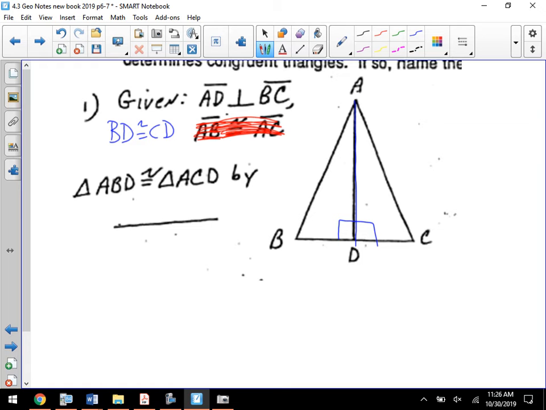What would we do? At this point, you've got 2 parts of both triangles that are marked. You have to figure out the third. What would be the third thing you have to do? Reflexive, yeah, the AD. Now, notice the difference between what you did last night and what we're doing right now: last night they gave you those 2 first pieces, you had to come up with the third. Here you're reading instructions to figure everything out. So these 2 triangles wind up being congruent by what method? Side angle side. Yeah, it goes side angle side.